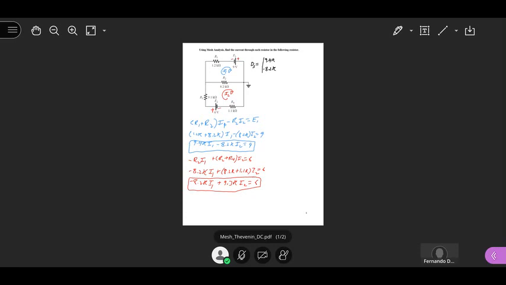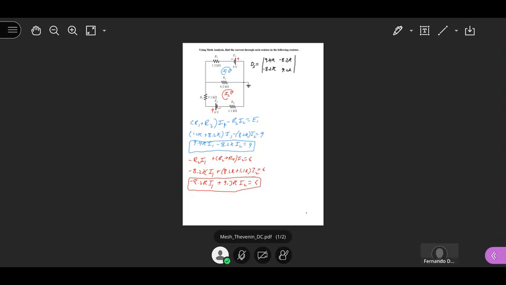Now the column of I2 will be minus 8.2K and plus 9.2K. You're going to get the determinant in a little bit of that.